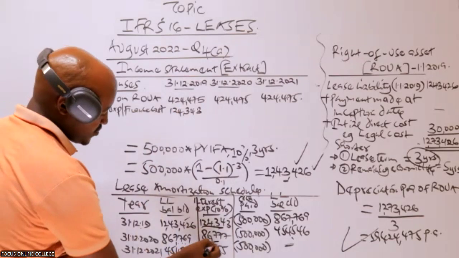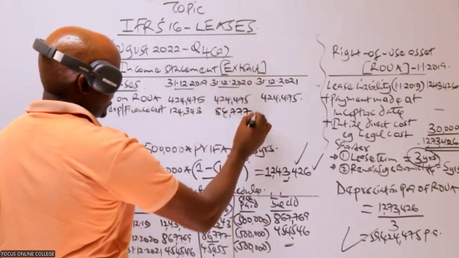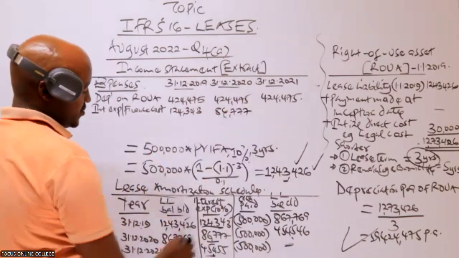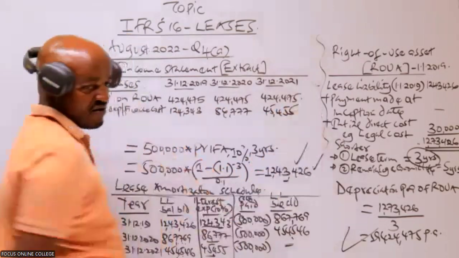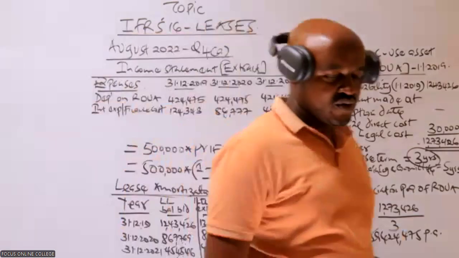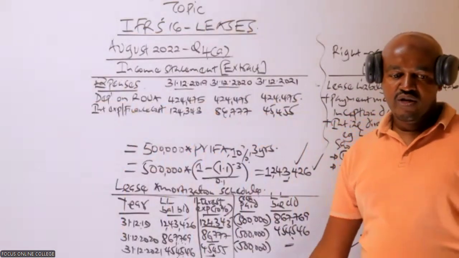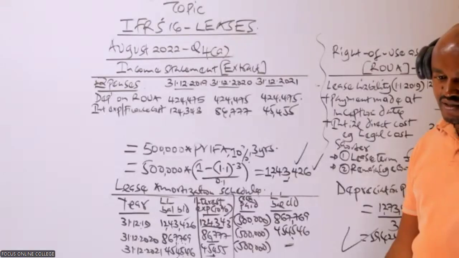For year 2 it is 86,777. And for year 3 it is 45,455. That is what our company was supposed to recognize in the income statement.